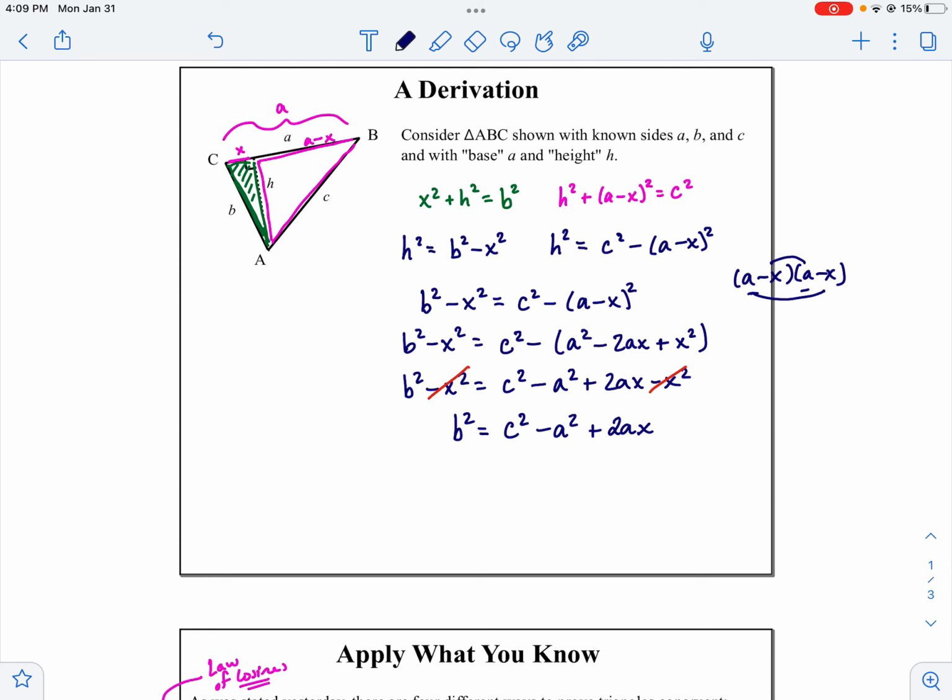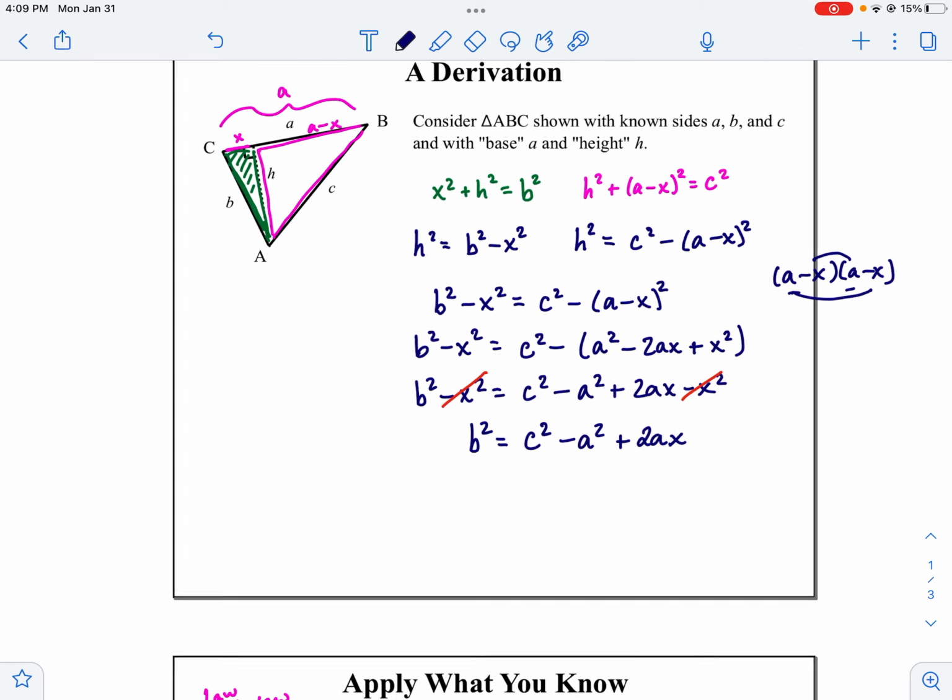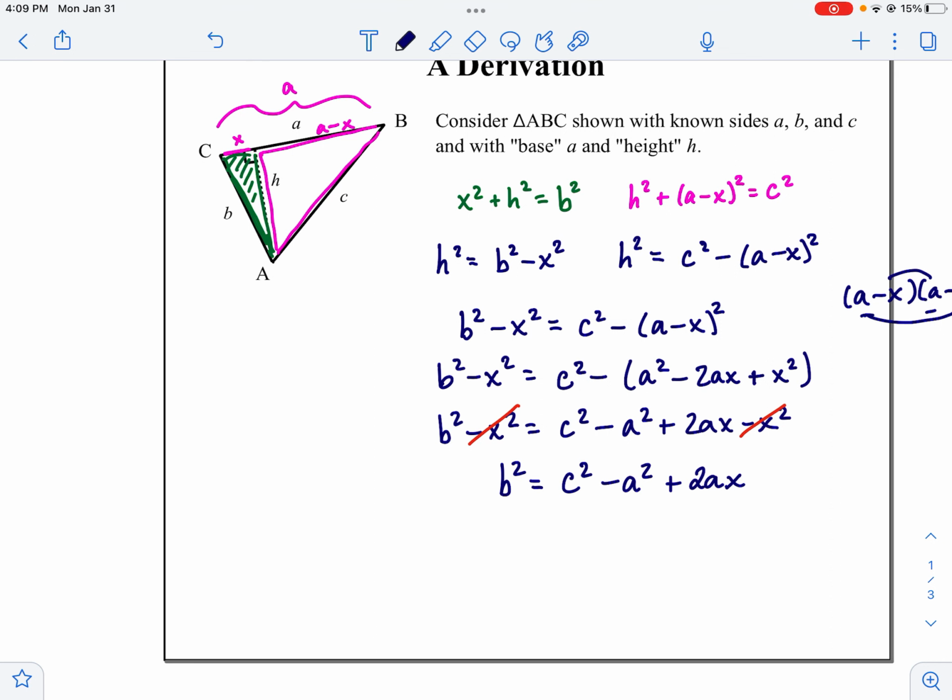If this is called the law of cosines, I bet somehow I need to use a cosine. So if I come back here to my lovely little green triangle, I know that the cosine of angle C, looking at angle C here, would be the adjacent x over the hypotenuse b.